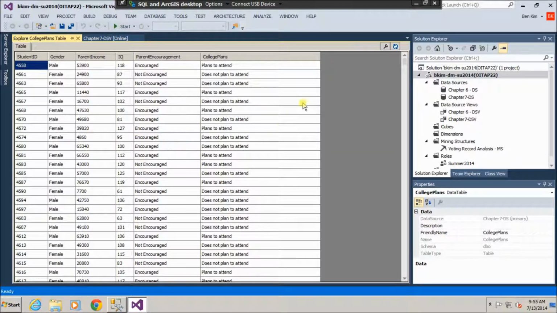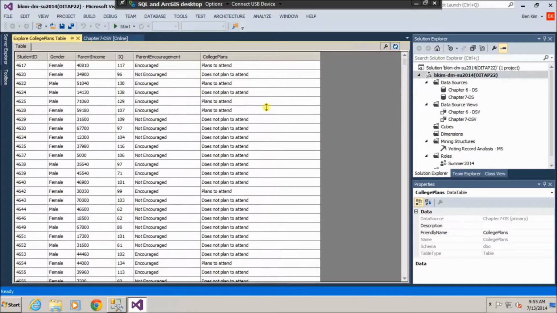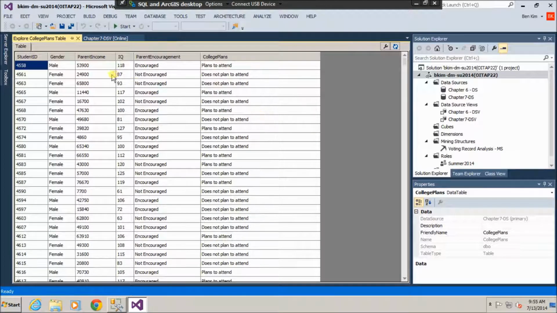We have all the data available to us. Again, we are going to use these columns: gender, parent income, IQ, and parent encouragement to determine whether the person is likely or not likely to plan to attend college. And another one is we are going to use parent income and IQ to practice regression.